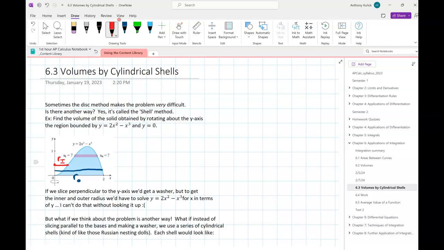What's the issue we're going to run into? Nope, that's not the issue. It's a very simple thing, but it's a very big issue for us in setting up the problem the way we just did. R outer minus R inner. Well, what function is R inner? It's y equals 2x squared minus x cubed, right?